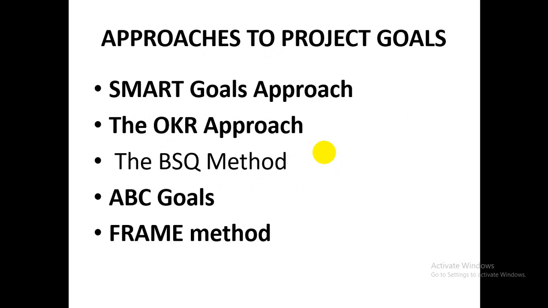Let's also look at the approaches to project goals. We have a number of approaches. Some of you know what we call SMART, the SMART approach, and this one is commonly used.